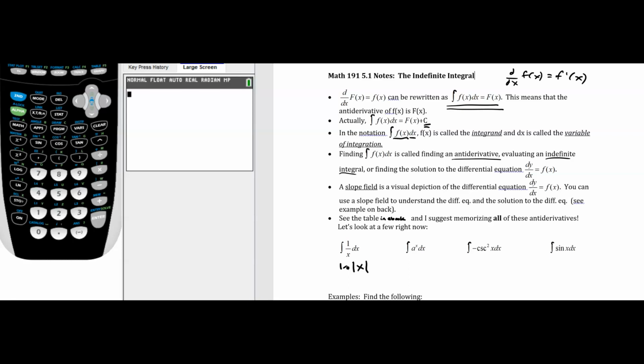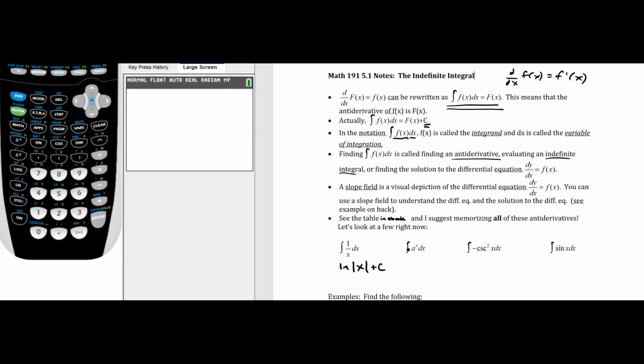We know natural log of x had 1 over x as its derivative, but now we need to ensure that when we're doing the natural log of a quantity, that is a positive quantity. And again, to be completely correct, we also need to put in a plus c right here. So this is the antiderivative of 1 over x.